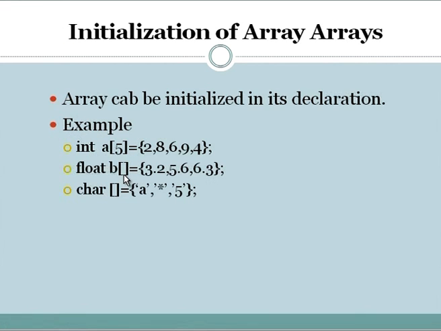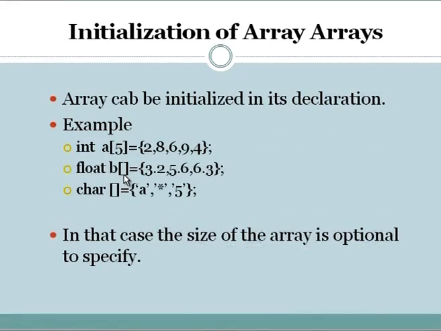You can declare character array as well. char data type followed by array symbol and then the initialization list. Here in this example as well, there are three values used in the initialization list. That's why the size of array will become 3.